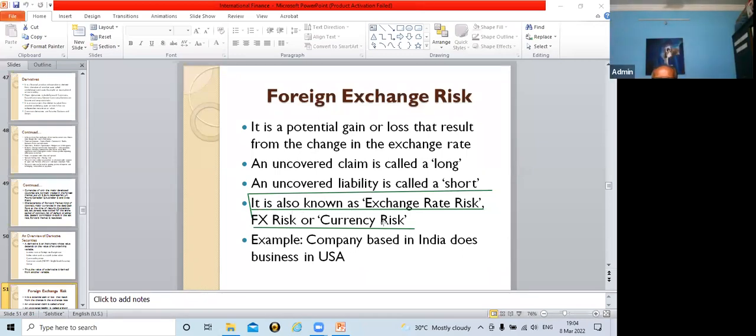It is also known as exchange rate risk, FX risk, or currency risk. So the meaning is same. Got my point?